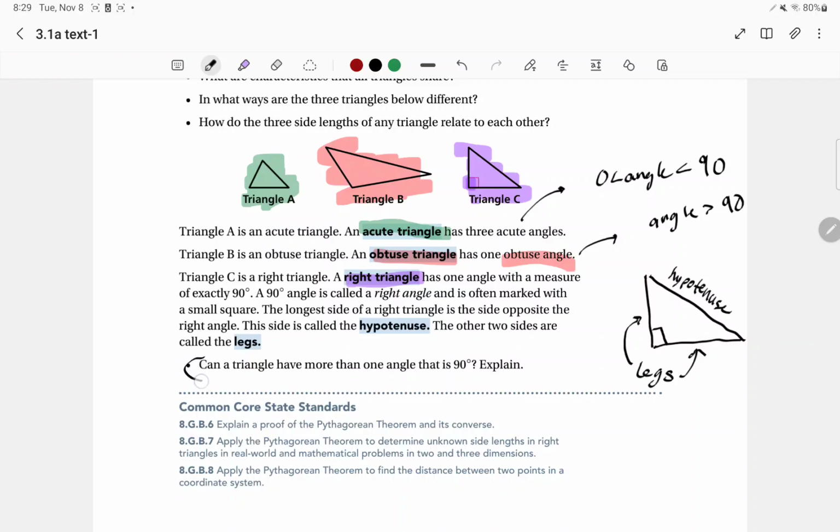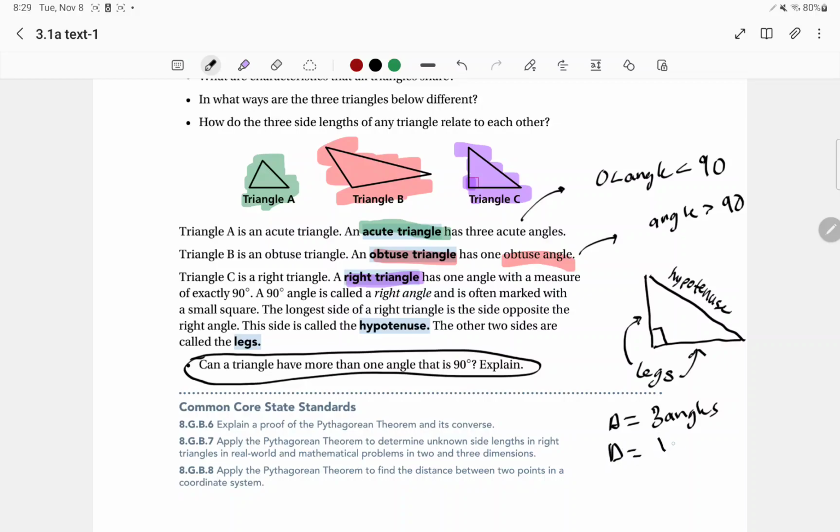Okay, and then down here, can you have a triangle with more than one angle that's 90 degrees? Well, think about it. A triangle has three angles, and a triangle also has 180 degrees in it. If you have one 90 degree angle and you have another 90 degree angle, those add up to 180, right?